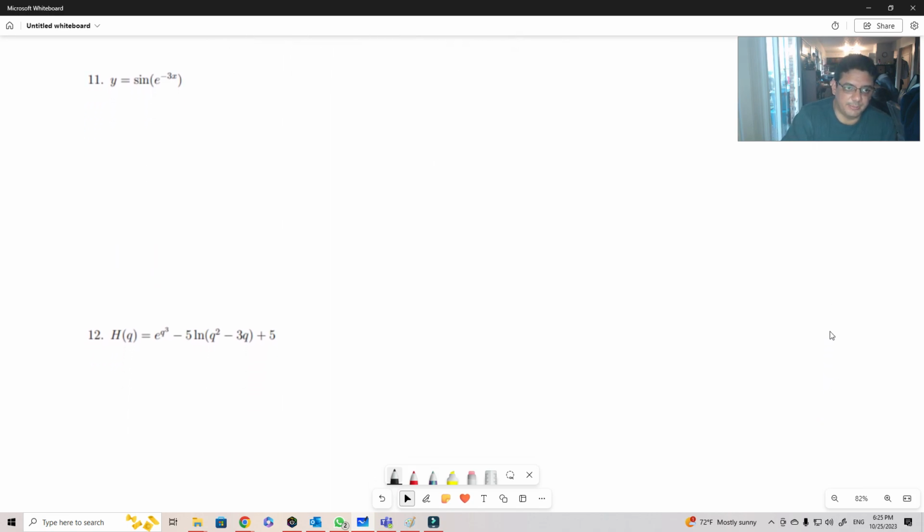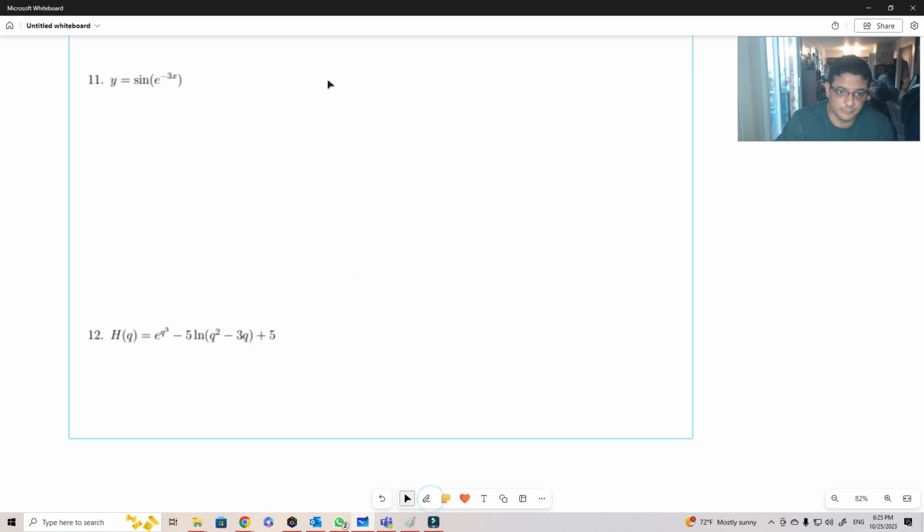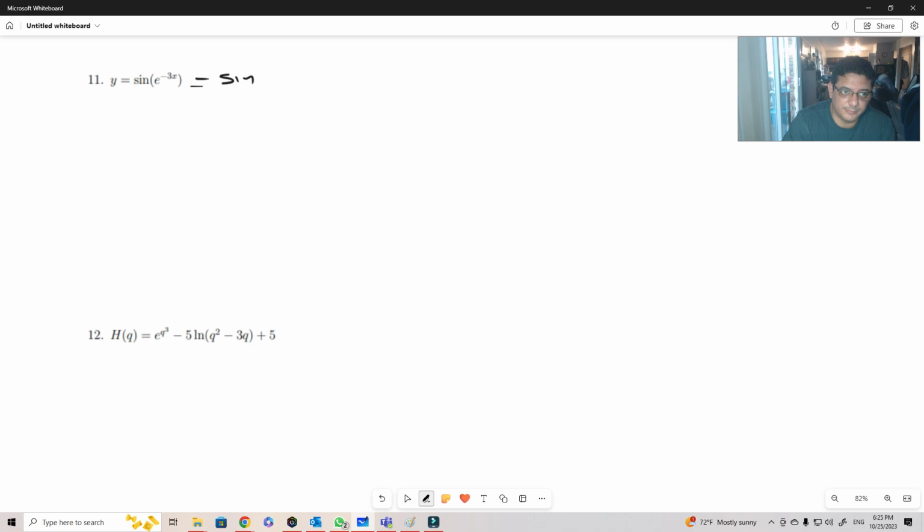Number 11 can also be seen as sine of a function f of x. Clearly the function f of x is e to the minus 3x, and so y prime is cosine of f of x times f prime of x.